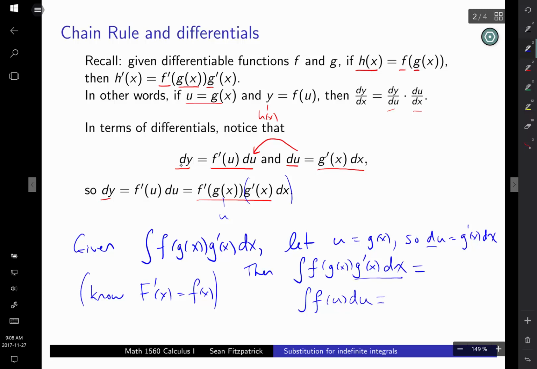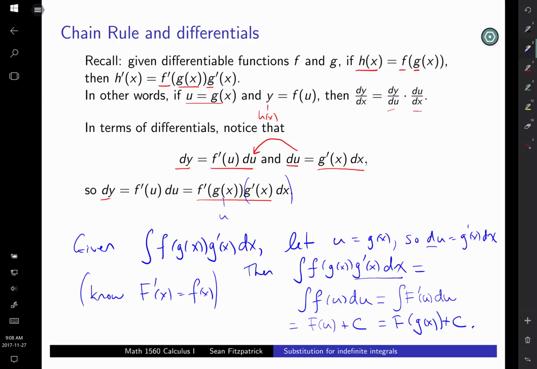But we found this antiderivative, so this is big F prime, and now we can say that's big F plus a constant. But if we started with something in terms of x, we shouldn't leave our answer in terms of u, so we substitute back in. U was g of x, so we get big F of g of x plus c. Okay, so that's the general procedure. We'll see how this looks in a few examples.